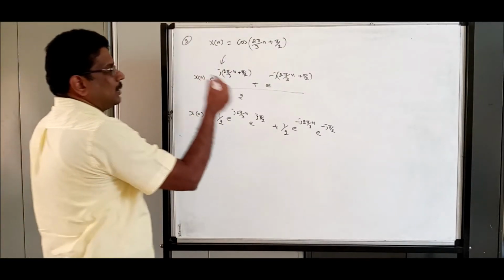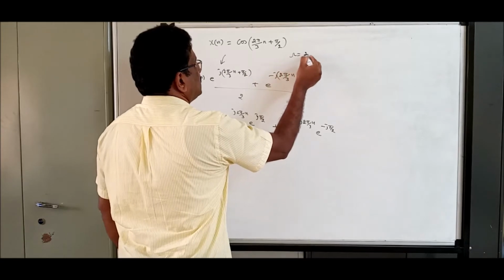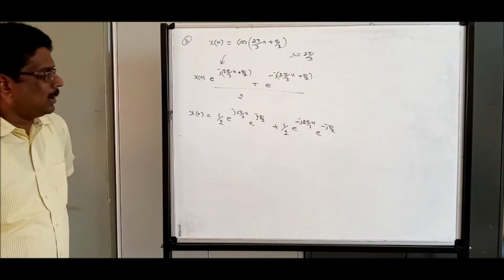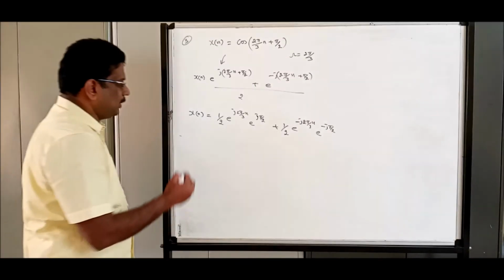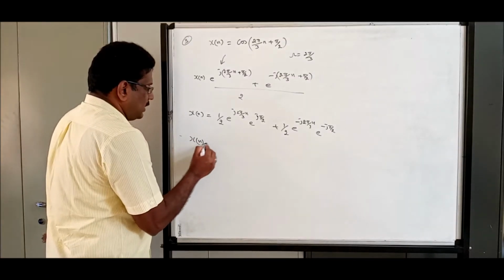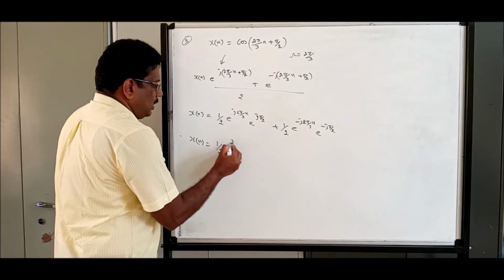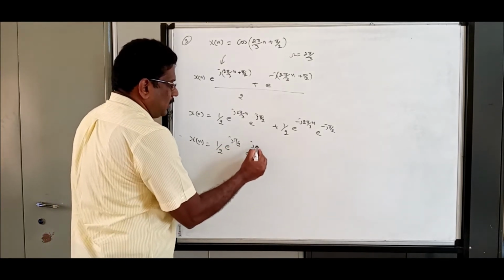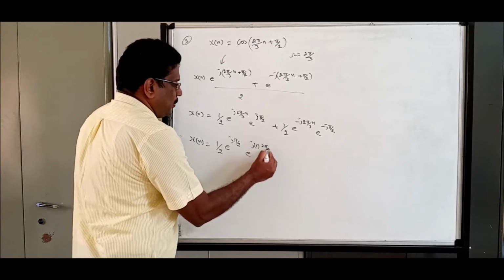By seeing the given problem, we can say your omega is nothing but 2 pi by 3. So directly we can modify by the general procedure. X of n is equal to 1 by 2 e power j pi by 2 e power j 1 times 2 pi by 3 n.